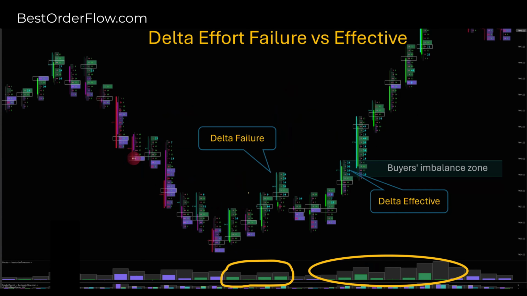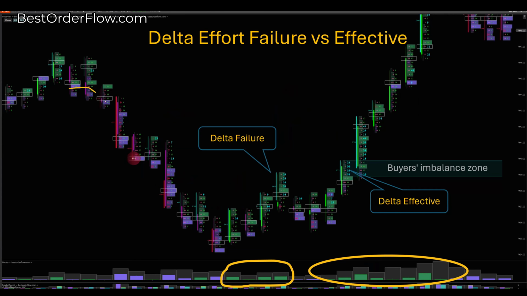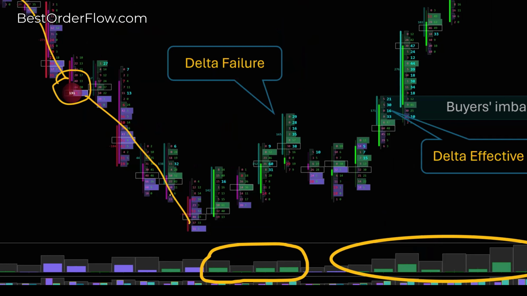Now, this is another example. Look at this situation when the delta is trying to get lower and then it's reversing. We're seeing the positive delta came into place one time, and it failed. It doesn't proceed over here. That means, when I see the huge positive delta over here, is that a trigger for me to enter?